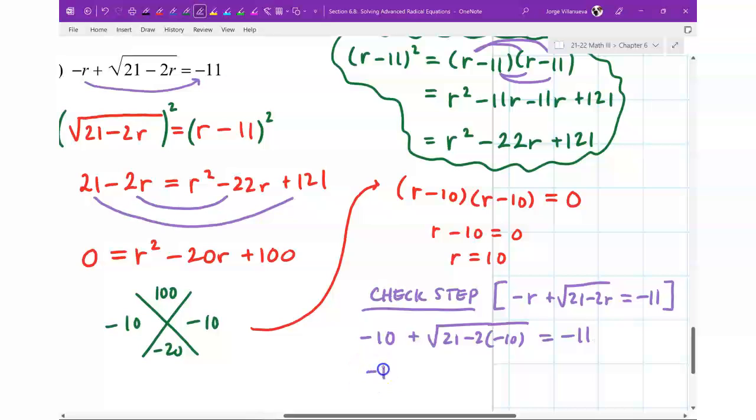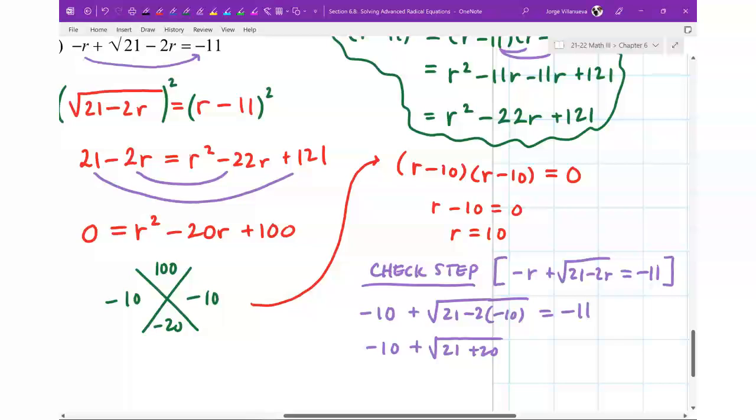So negative 10 plus, what do we have here? This is 21 plus 20, so it's 20, yeah. So we got negative 10 plus the square root of 41 equals negative 11.